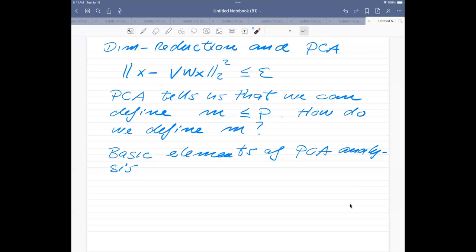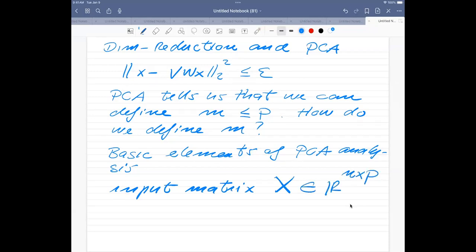So let's look at the basic mathematical elements of the PCA. So we have an input, x, the feature matrix or the input matrix, which we label with this uppercase letter X. And this is something which has a dimensionality, as we discussed before the break, of n times p.